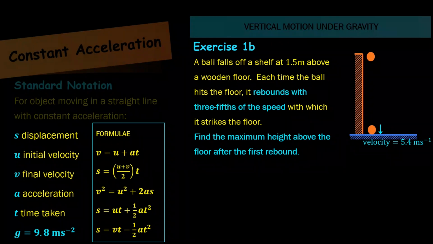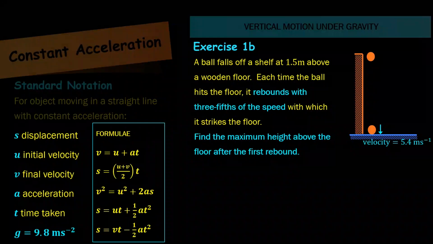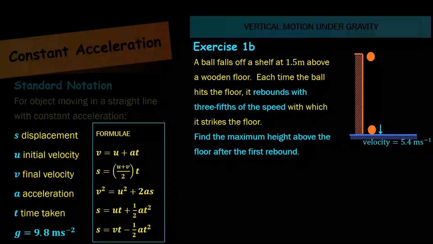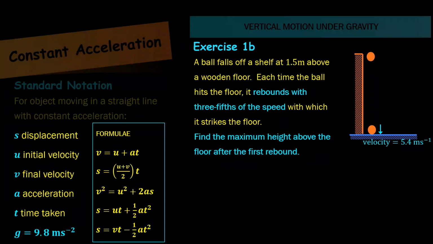Now let's attempt part B. We are required to find the maximum height above the floor after the first rebound. Notice we've highlighted something else in this example. We've highlighted the fact that the ball rebounds with 3/5 of the speed with which it strikes the floor.